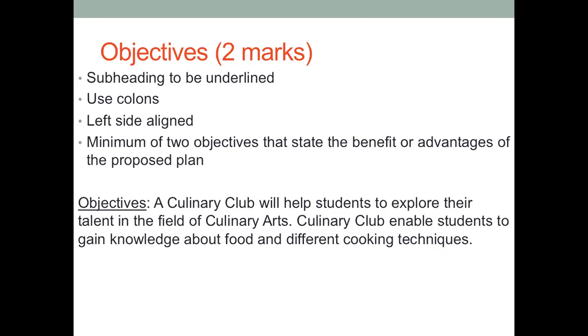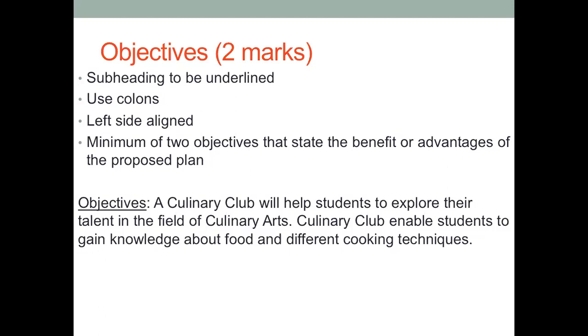So generally there are different types of proposal. There's a research proposal, there are grant proposals, there's business proposal, there's also project based proposals. But in ISC, they will limit your question to school based proposals. So it could be activities in school, some sort of extracurricular activities, clubs, even social activities that you wish to undertake as students. So such topics will be given to you.